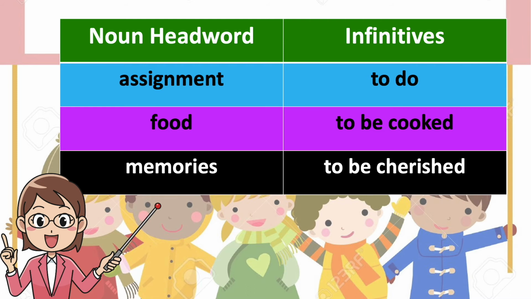In our first example, we have the noun cluster assignment to do. Our noun head word here is assignment because it's the one being described or modified. If you are going to ask what is to do, the answer is assignment. So that will be our head word. We also have other examples such as food to be cooked, memories to be cherished, and so on.